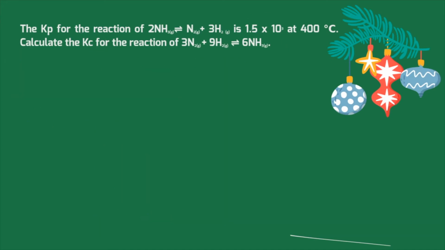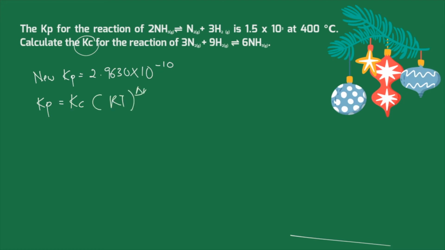Alright, so the new Kp is equivalent to 2.9630 times 10 to the power of negative 10. Because you were asked to calculate the Kc, you're going to use the formula Kp equals Kc (RT) to the power of delta n.